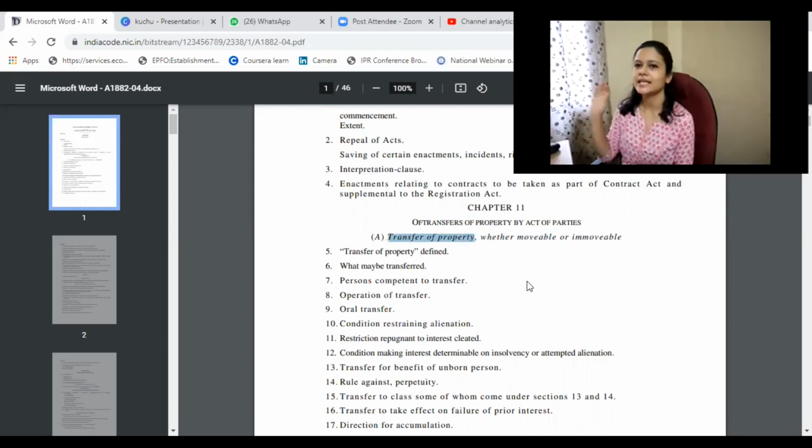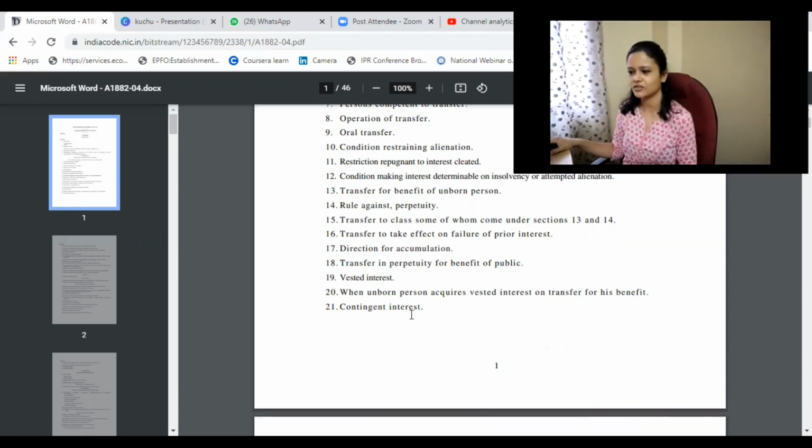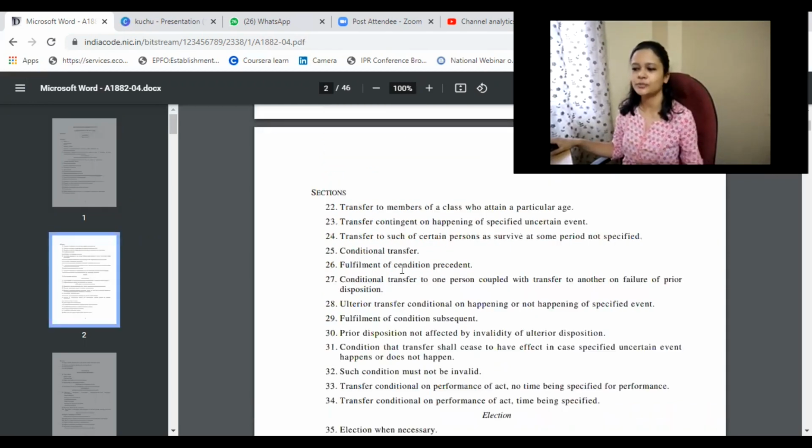That means irrespective of the nature of the property, these provisions will be applicable, like transfer for benefit of unborn child, oral transfer, then conditions with regard to restrictions on alienation, vested interest, contingent interest. Similarly, these 2 provisions with regard to conditions also apply both for movable or immovable property. There is no restriction as such.